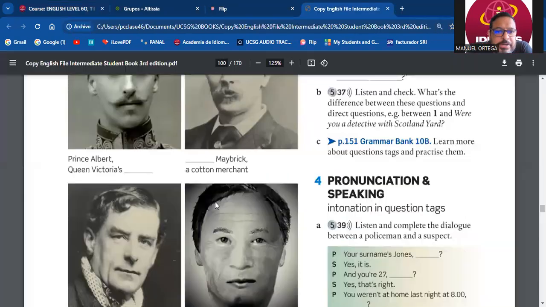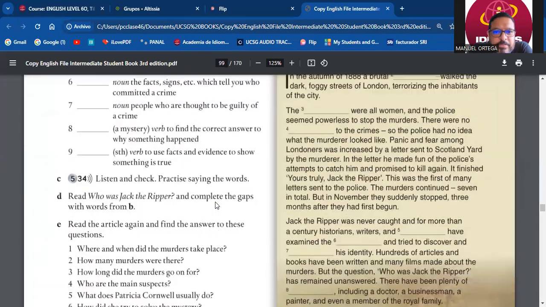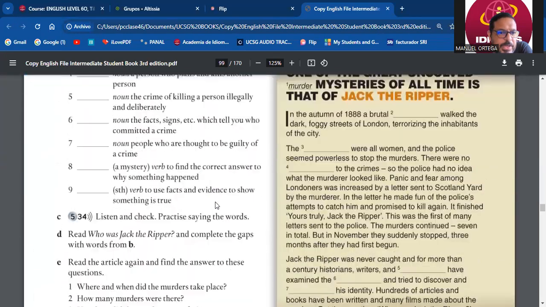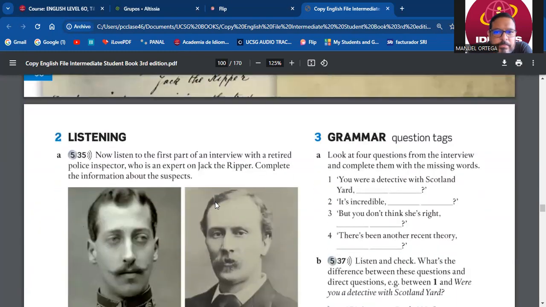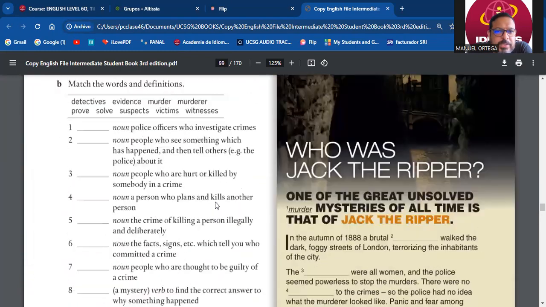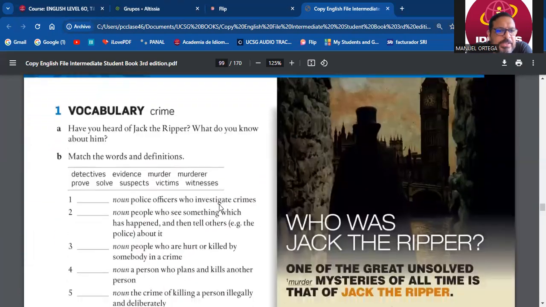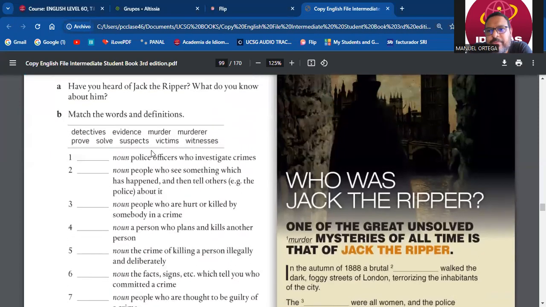Let me open up for you where we have most of it. In here, they mention the vocabulary of crime, for example: detectives, evidence, murder, murderer, proof, solve, suspects, victims, and witnesses.